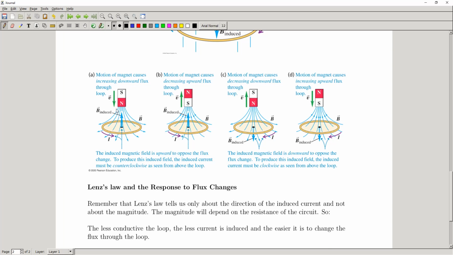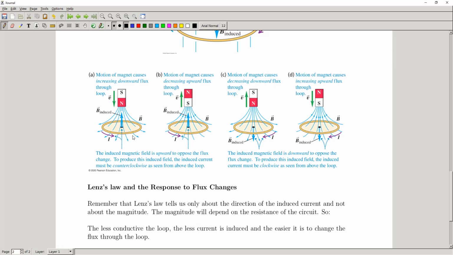As the magnet gets closer, more and more of these lines are going through the loop, and so Lenz's law tells us that the current induced in this loop has to set up in such a way that it's producing a magnetic field pointing positively in this direction, so that it's counterbalancing that change in magnetic flux, and that's what we find.